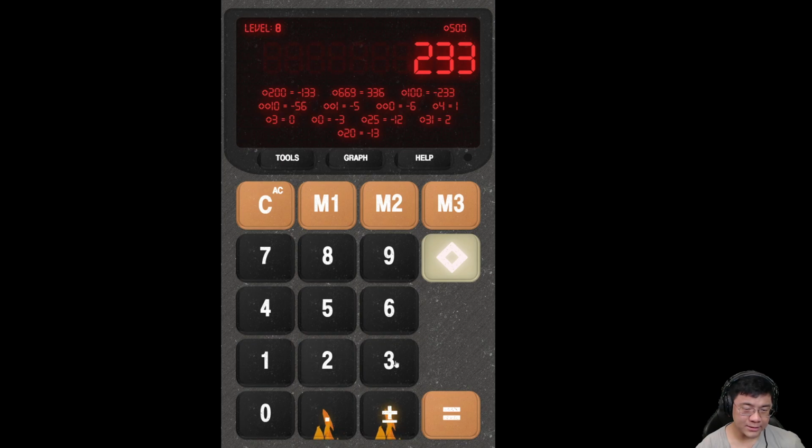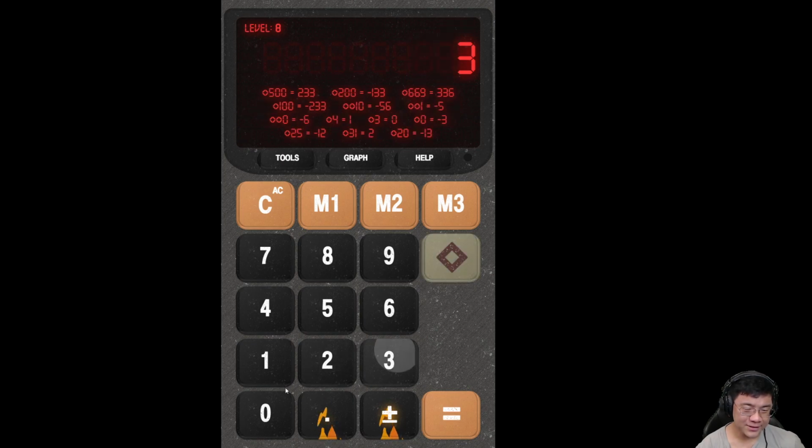There it is, somewhere between 200 and 500. 300 became 33. What the? 500 became 233, and 100 became negative 233. What the?